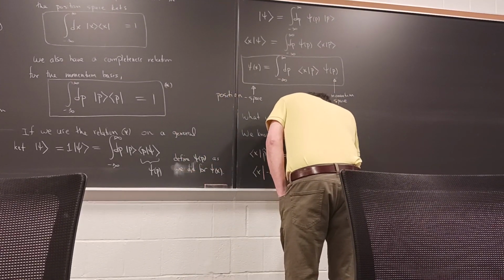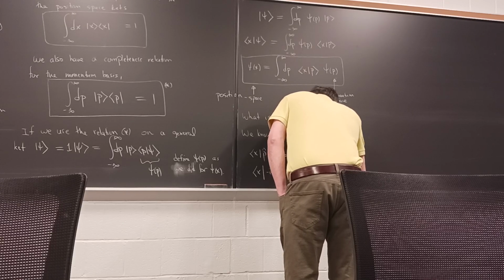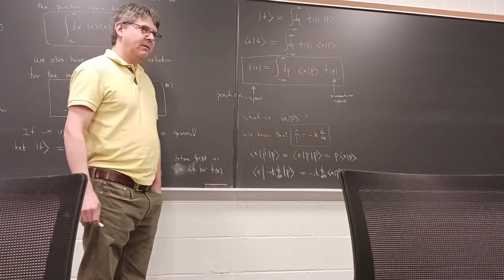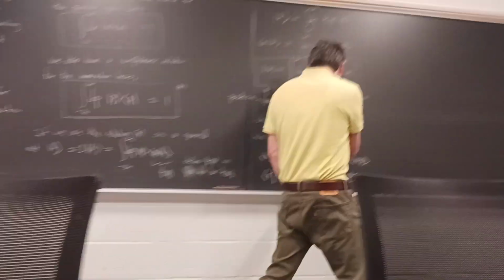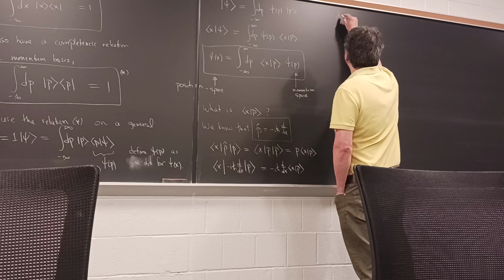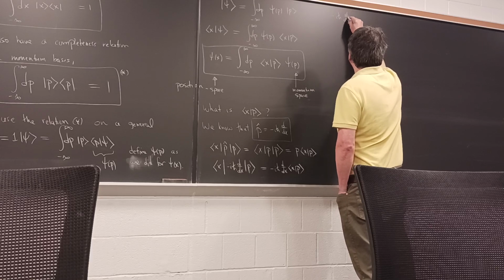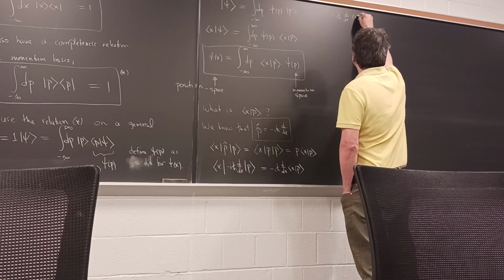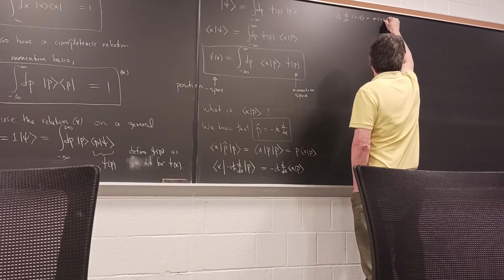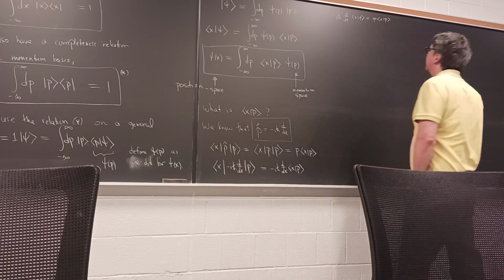And so now we have two expressions: minus i h bar d by dx of <x|p> is equal to p times <x|p>.